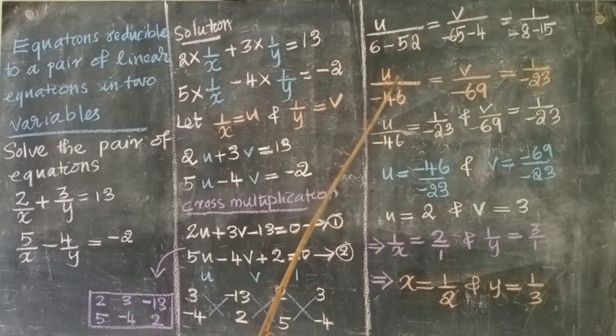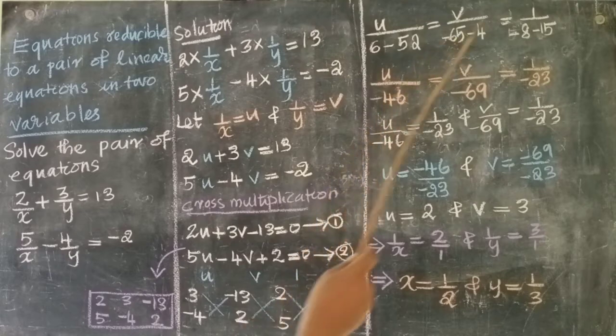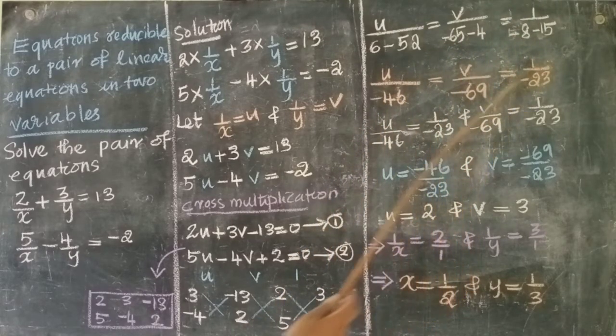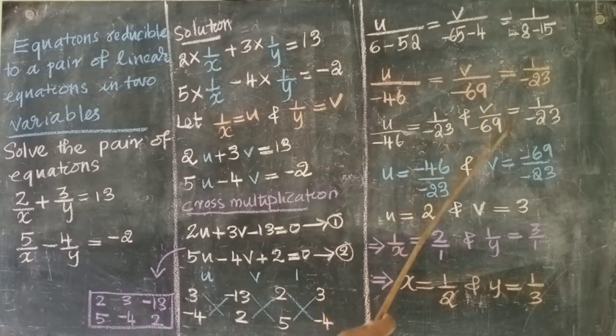Next, we need to equate the first and last, then second and last. That is, u by minus 46 equal to 1 by minus 23 and v by minus 69 equal to 1 by minus 23. From this part, we need to find out u. To find out u, you have to take this minus 46 to the right side.